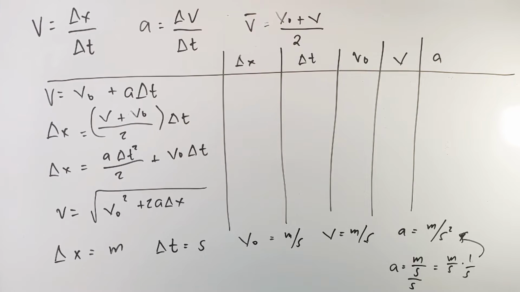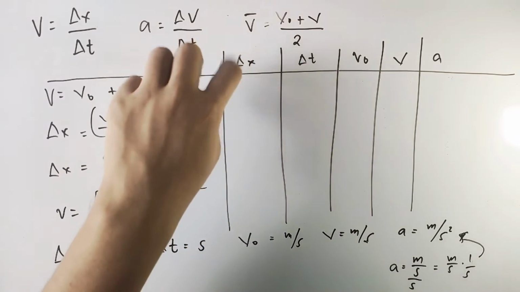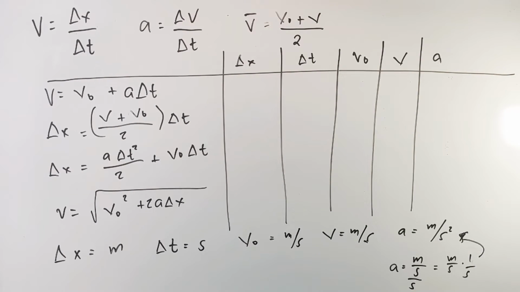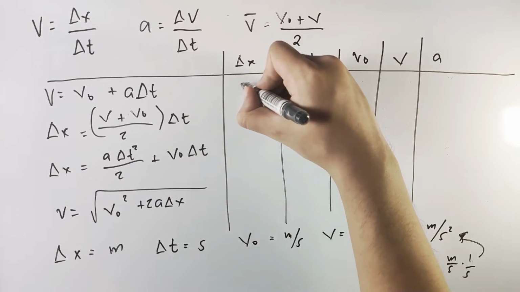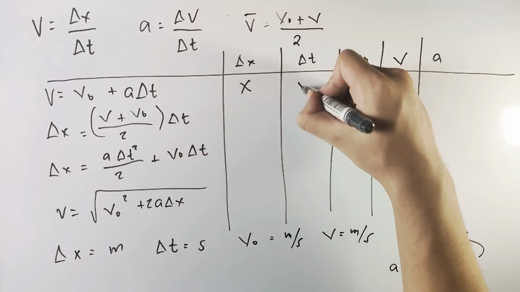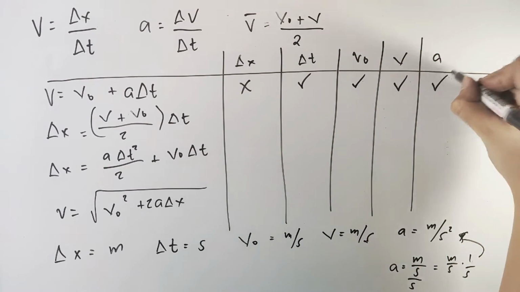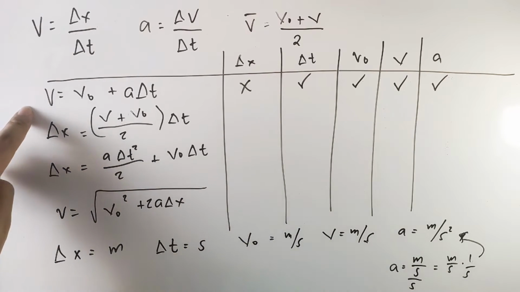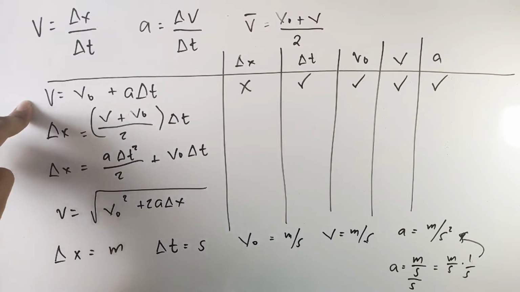Okay, so when, let's say, the problem said that assume the displacement is constant, that means you don't need to involve delta x on your equation. Okay, so for our first one, this would be the constant variable, so I'm going to mark this x, then the rest of this should be present on your equation. So as you're going to notice, all of those are present here.